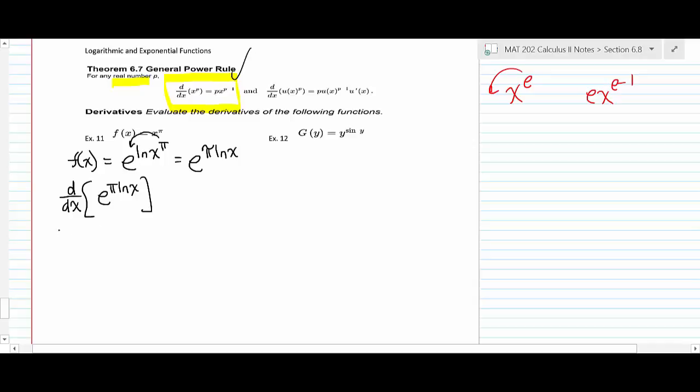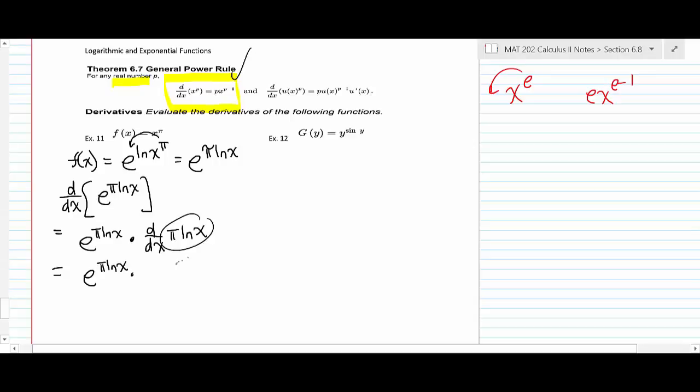When you do a derivative of an exponential, there are 2 things you do. It's a chain rule. So it would just be itself, whatever that is. But then what else do you got to do? You got to multiply by the derivative of that exponent, which you can do in your head if you want to. That's the chain rule. So that would give e to the pi ln of x, and then what's this derivative going to be? Pi over x, right?